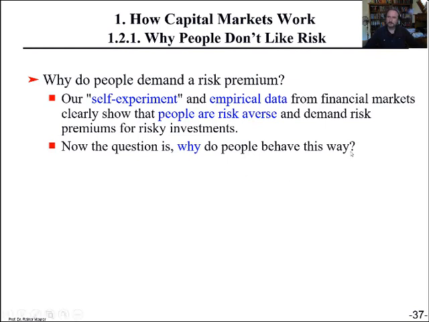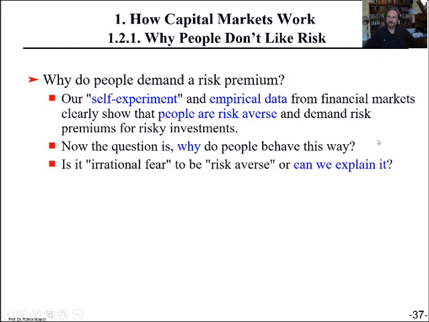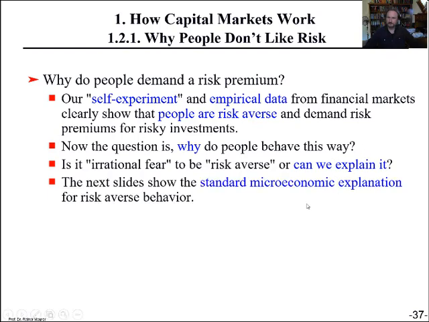Now the question is, why do people behave in this way? Is it kind of irrational fear to be risk averse, or can we explain it with standard assumptions of microeconomics? The next slides show the standard microeconomic explanation for risk-averse behavior.